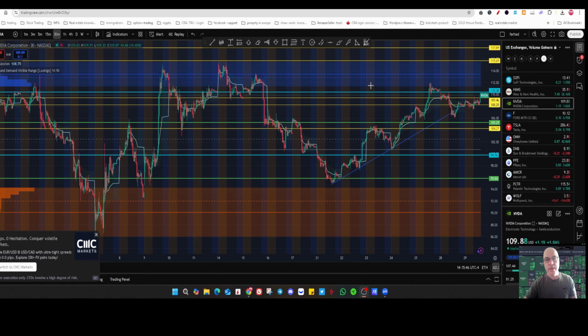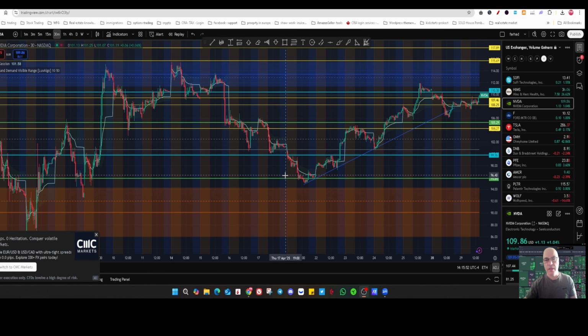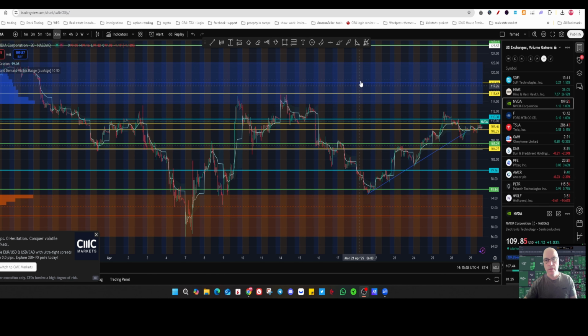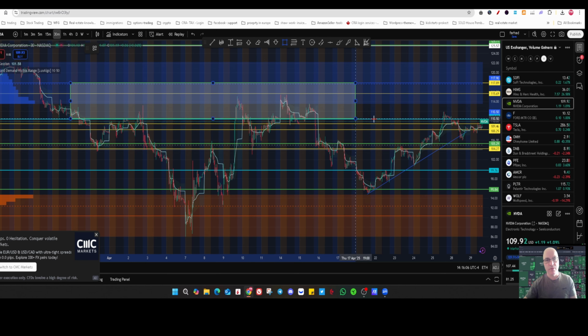So as you can see, I'm on TradingView now, and this is my page. If you look at this area, red and blue, up here blue, down here red, it's basically showing me where the area of demand or resistance is.